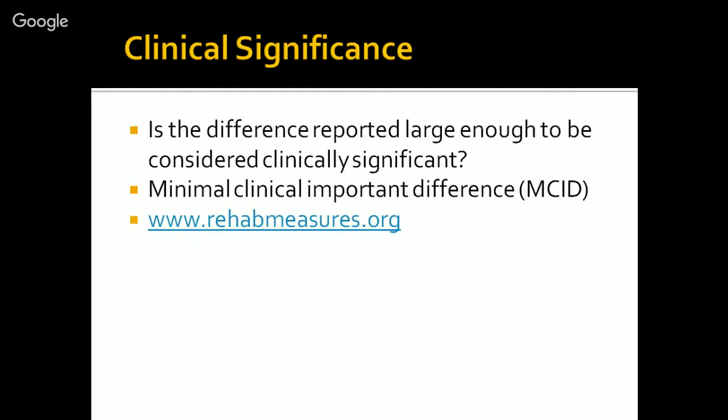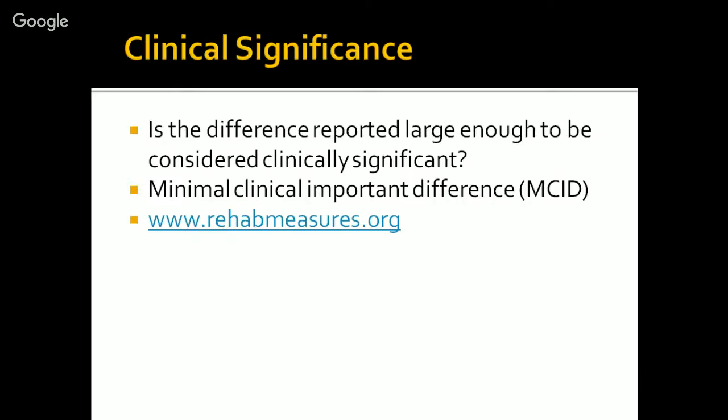The term that they use for this difference is minimal clinically important difference. This basically means what is the minimum improvement or the minimum difference there should be between groups for us to consider that the treatment actually produced a clinically worthwhile, useful improvement.